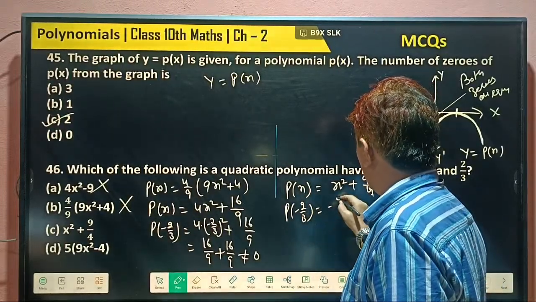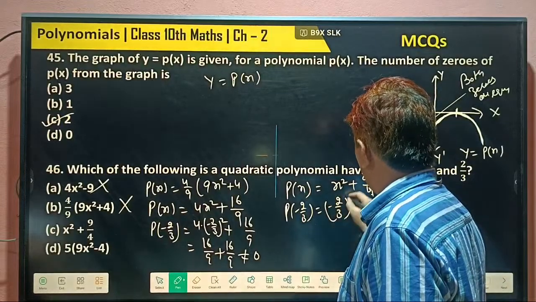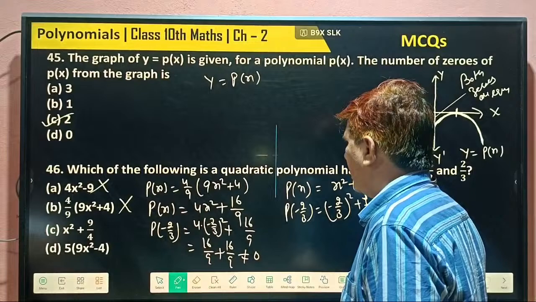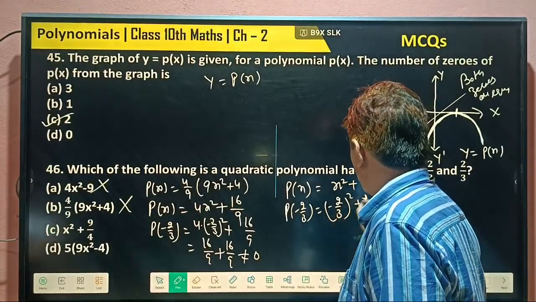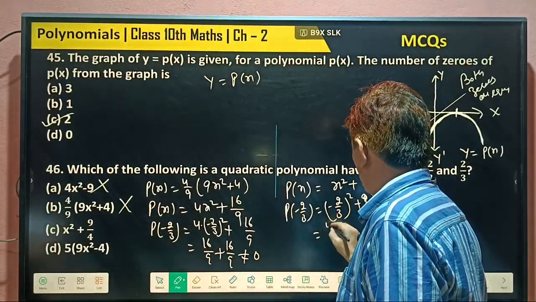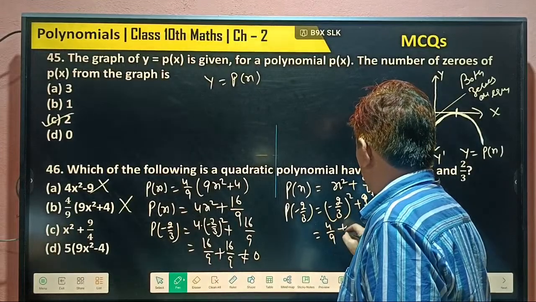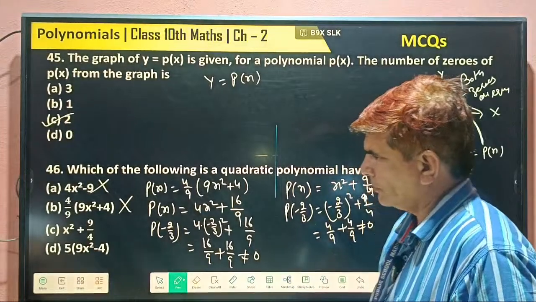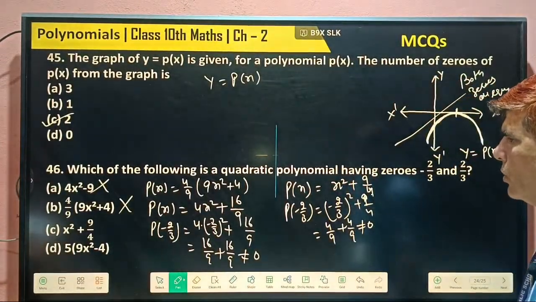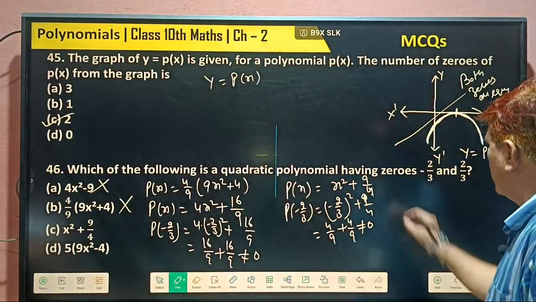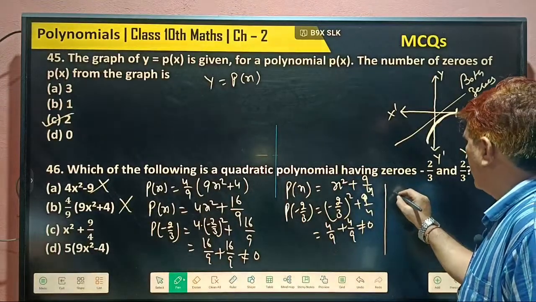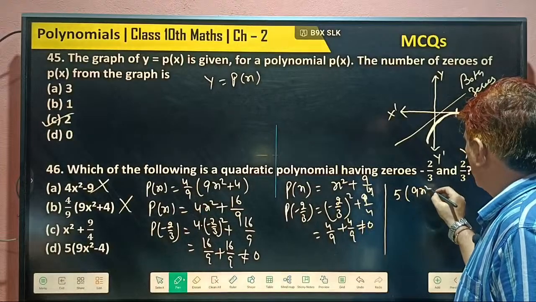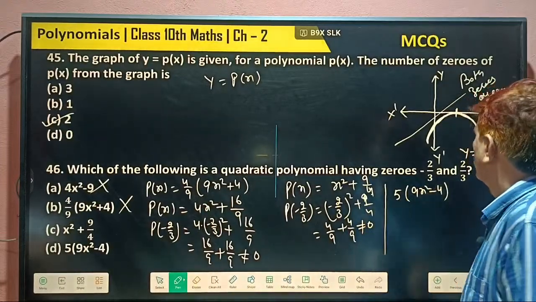So what does it become? Minus 2 by 3 square plus 9 by 4. So this becomes 4 by 9 plus 4 by 9, which is also not equal to 0. So the last one we can check. 5 into 9x square minus 4.